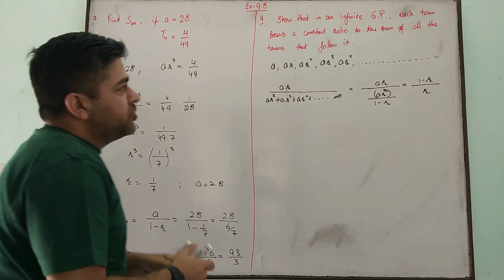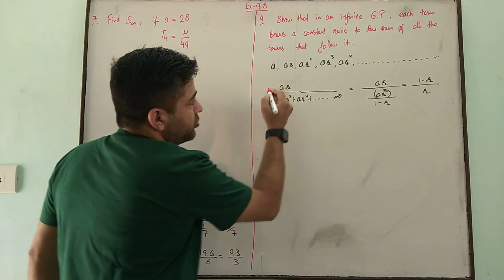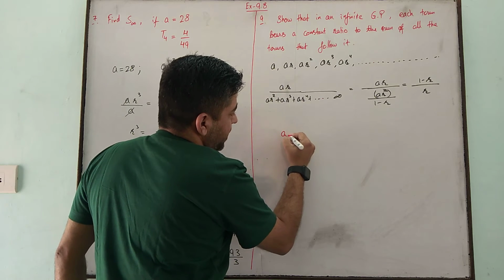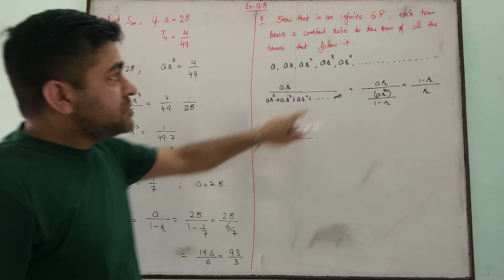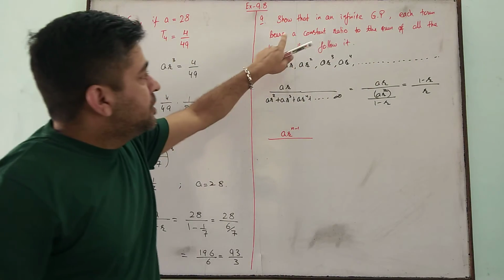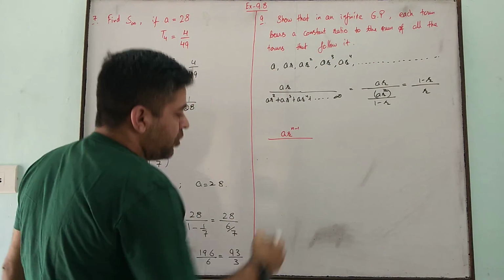Now in general, how can you write it? In general, you take any general term, that is AR to the power n minus 1. It represents all the terms. Each term bears a constant ratio to the sum of all the terms that follow.